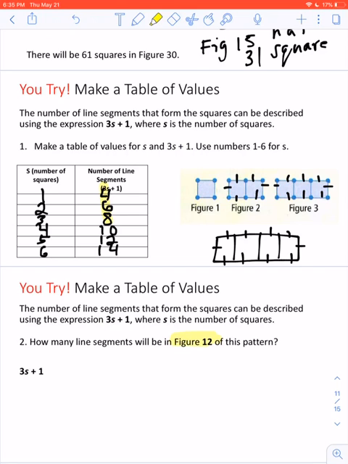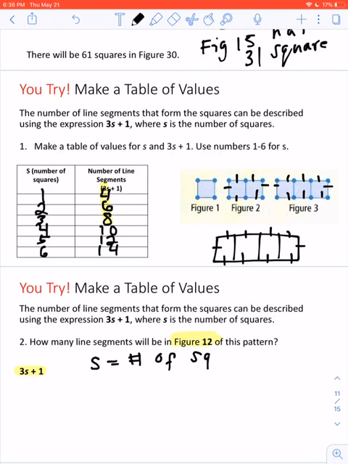Well, I know that everyone matches up, right? Figure 1 had 1 square. Figure 2 had 2 squares. Figure 3 had 3 squares. So figure 12 is going to have 12 squares. So 3s plus 1, the s actually stands for the number of squares.